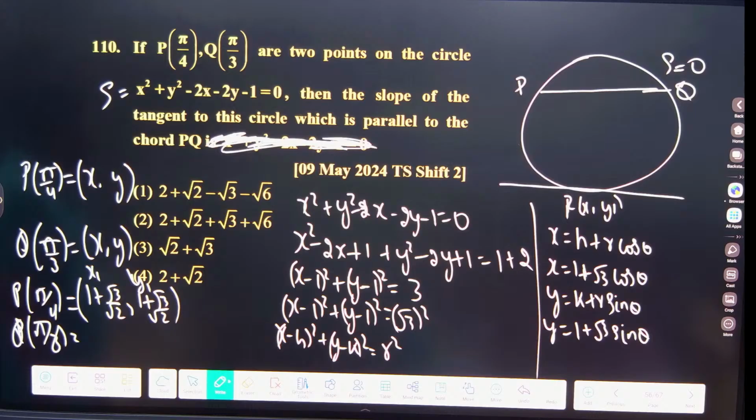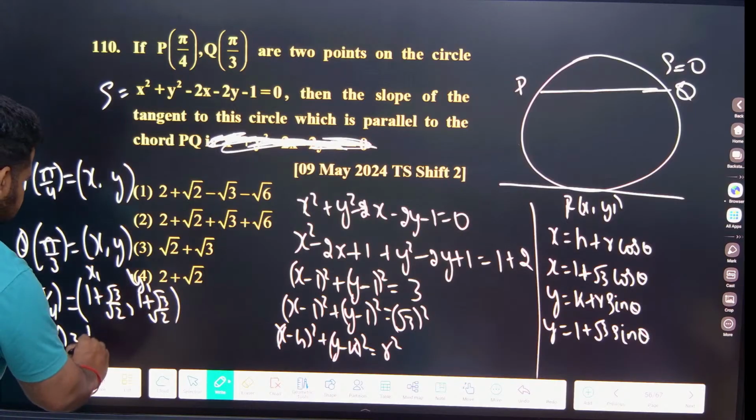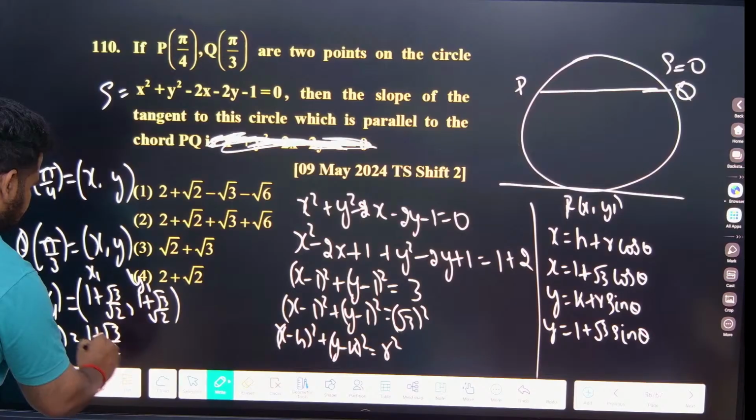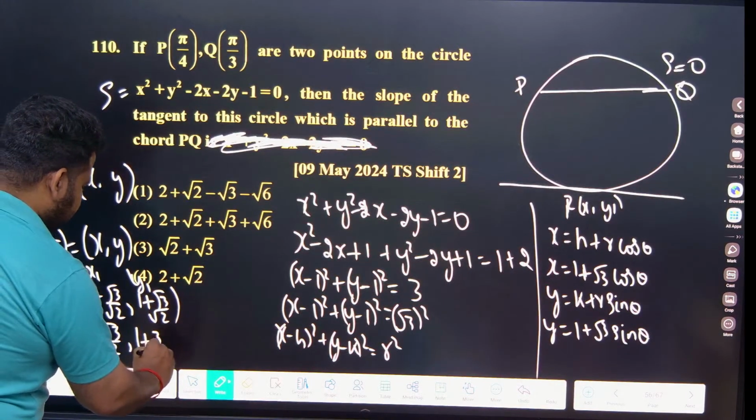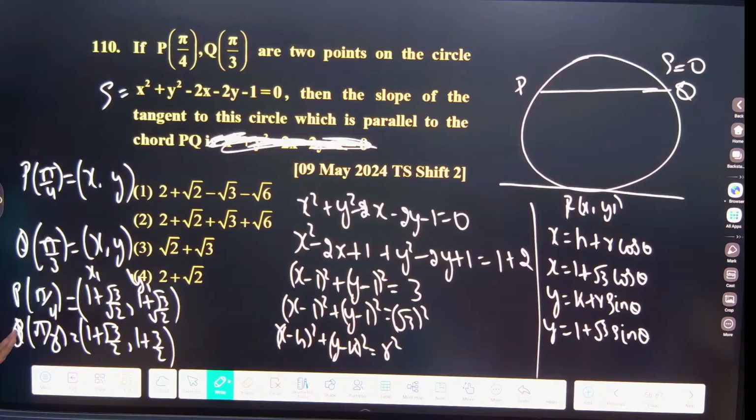Cos pi by 3 is 1 by 2, so 1 plus root 3 by 2. And y is 1 plus root 3 sin theta, sin pi by 3 is root 3 by 2. So root 3 into root 3 is 3, so 1 plus 3 by 2. Keep it as it is. Now we have x1, y1 and we have x2, y2.